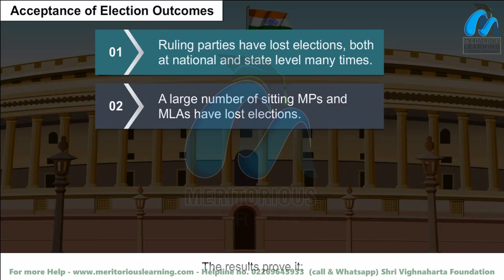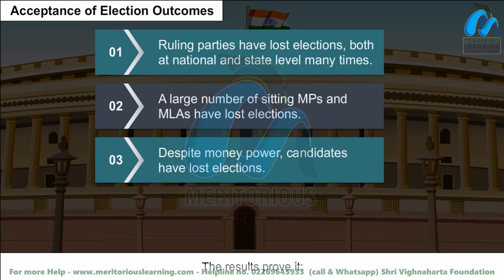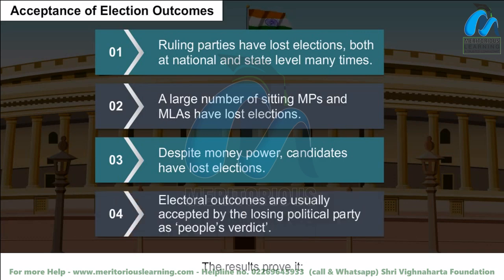A large number of sitting MPs and MLAs have lost elections. 3. Despite money power, candidates have lost elections. 4. Electoral outcomes are usually accepted by the losing political party as people's verdict.